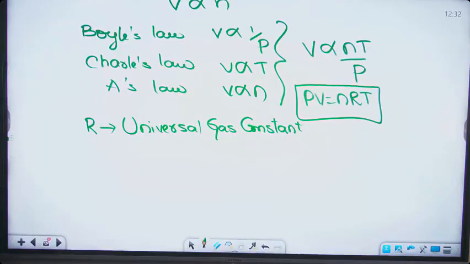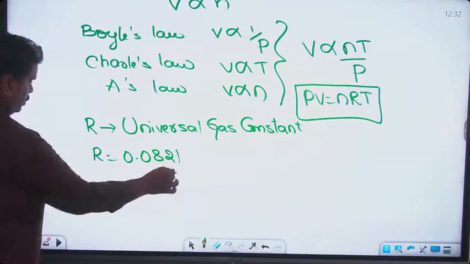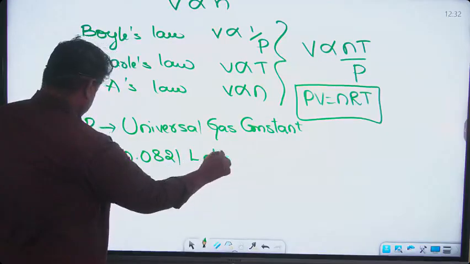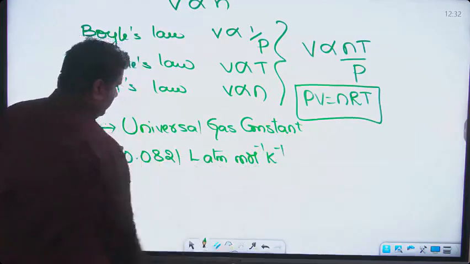And the value of R is 0.0821 liter atmosphere mole inverse Kelvin inverse.